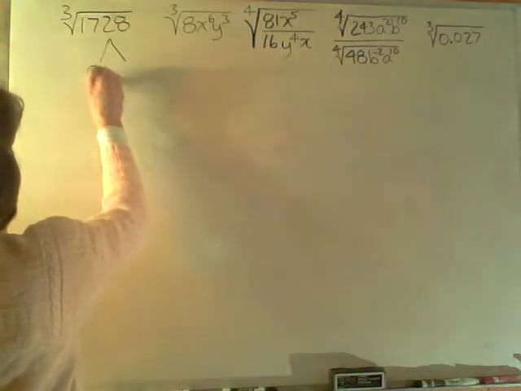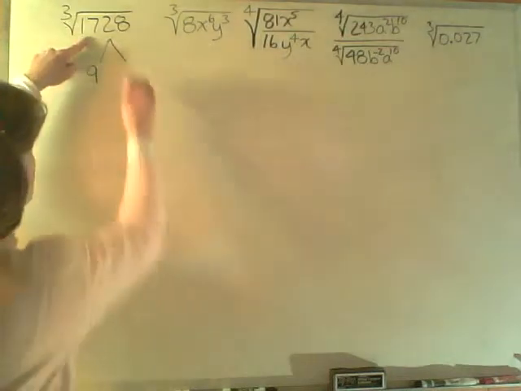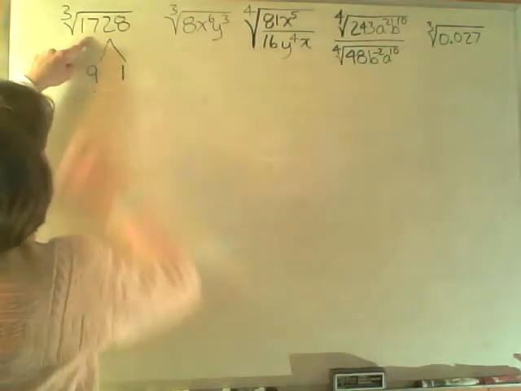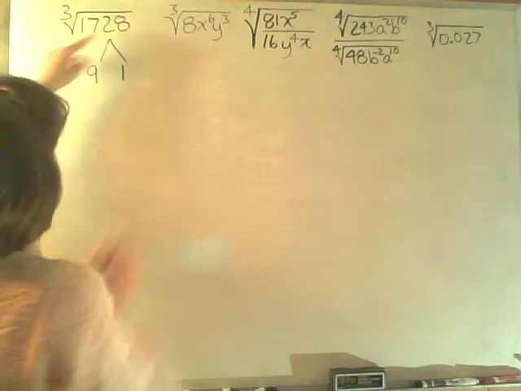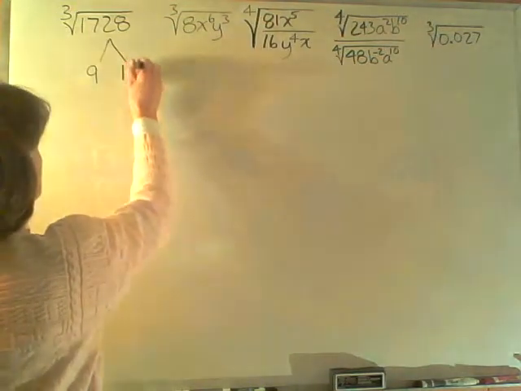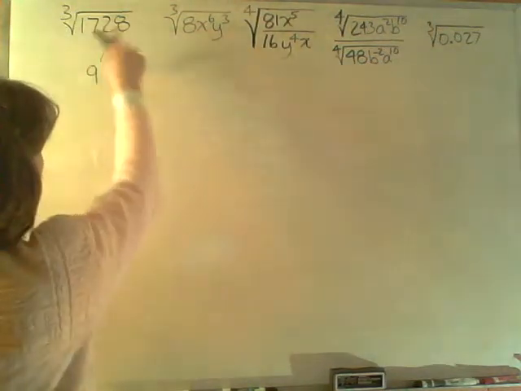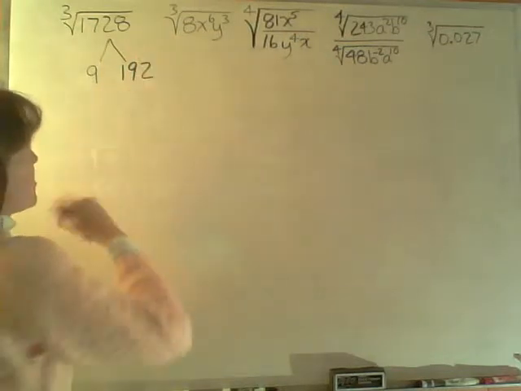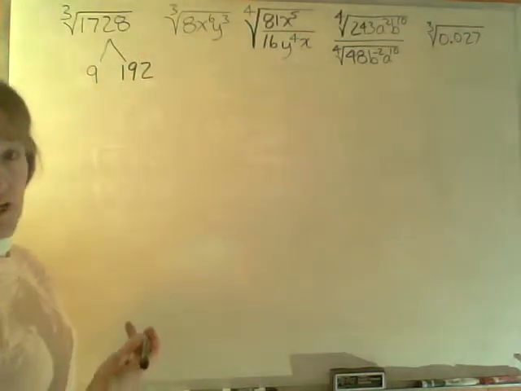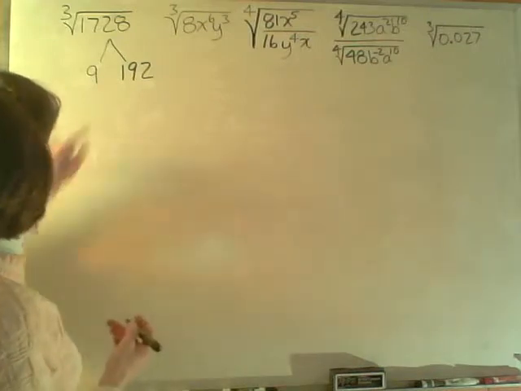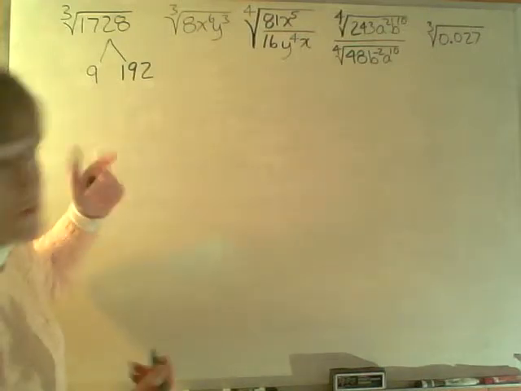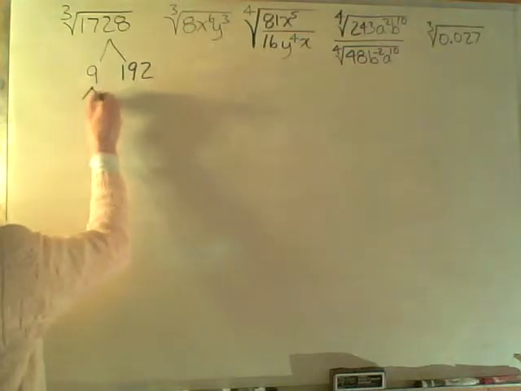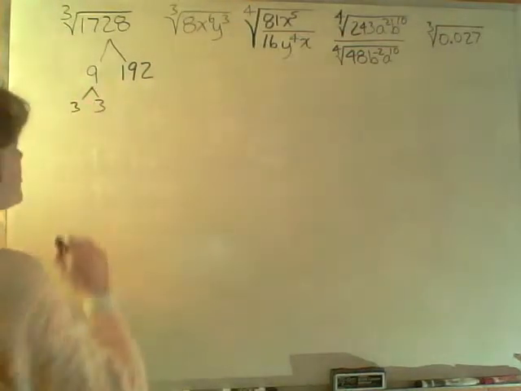So 9 goes into 17 one time with 8 left over, and 82, 9 goes into 82 9 times with 1 left over, and then I have 18, and 9 goes into 18 2 times. So I have 9 and 192. Now 9 is a perfect square, but it's not a perfect cube. So I'm going to go ahead and break it down into 3 times 3.